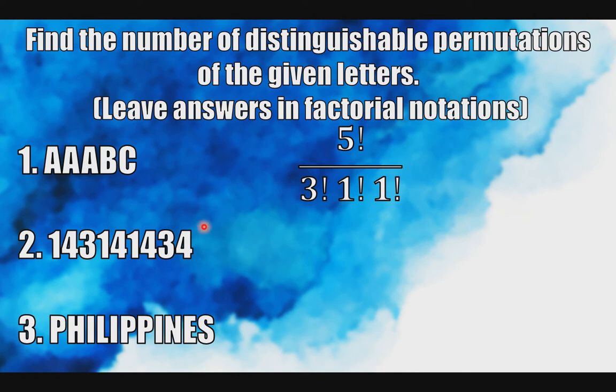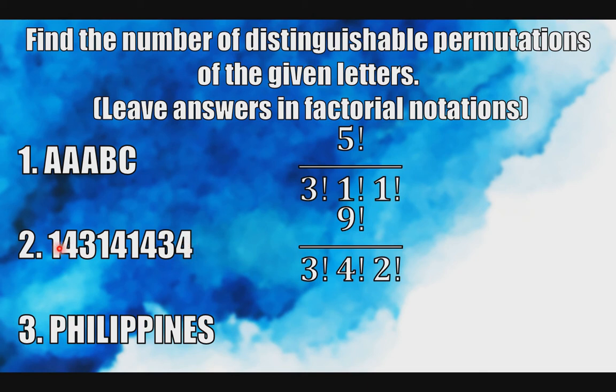Ito, number 2, 143, 143, 143. So meron tayong tatlong 1, tatlong 4, tatlong 3. At ilan lahat 'yon? 1 2 3 4 5 6 7 8 9. So 9 elements or 9 numbers. Umulit pala ang 4.